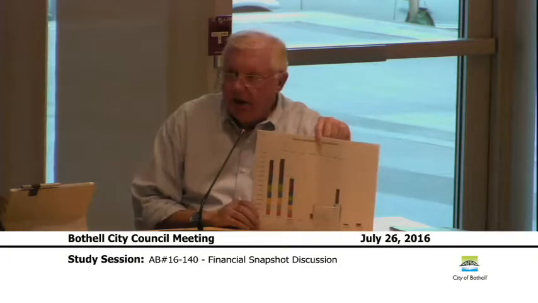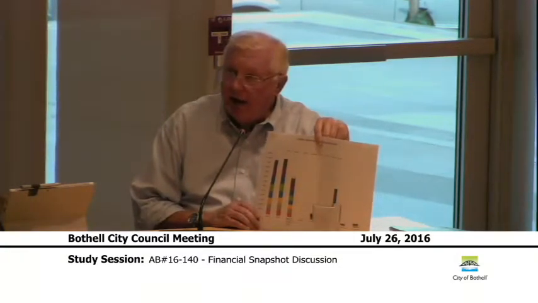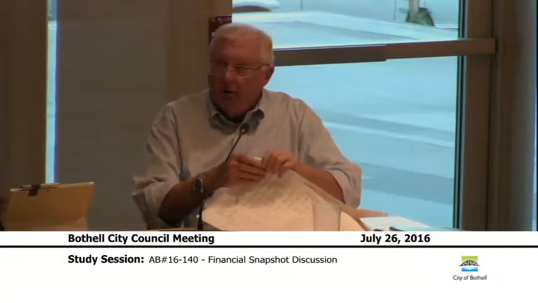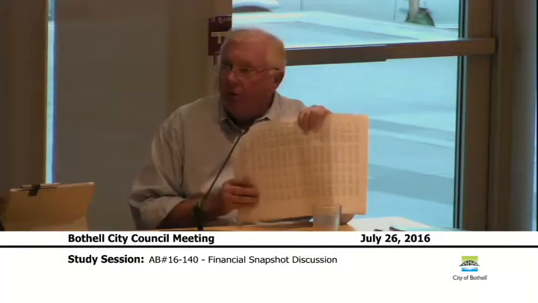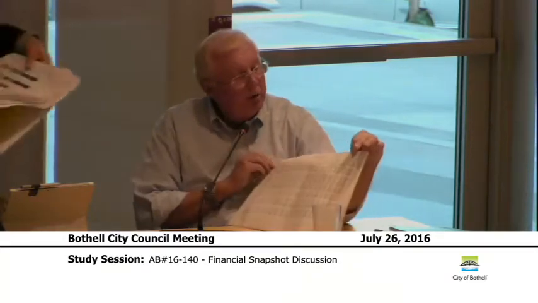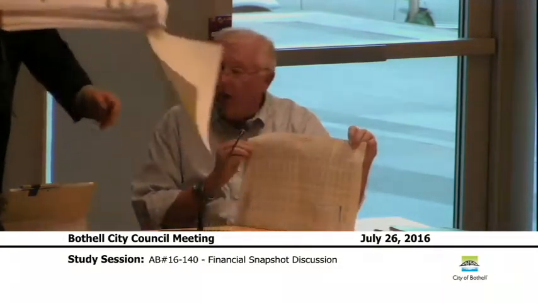What you have is a chart we're going to talk about, a look at revenues and what the revenue history in picture form has looked like. Behind that, you actually have the actual history by revenue going back to '06 and forward to 2022.